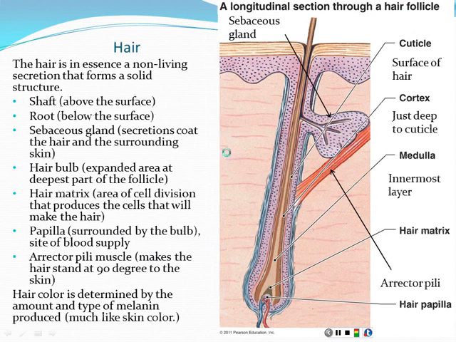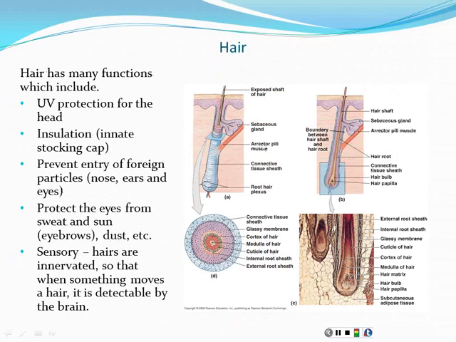The anatomy of a hair follicle: we divide the hair up. The shaft of the hair is the part above the surface of the skin, and then the root of the hair is the part that is underneath the skin. And what's important to note here is, see this? This is the epidermal layer right here, and this is the dermal layer.